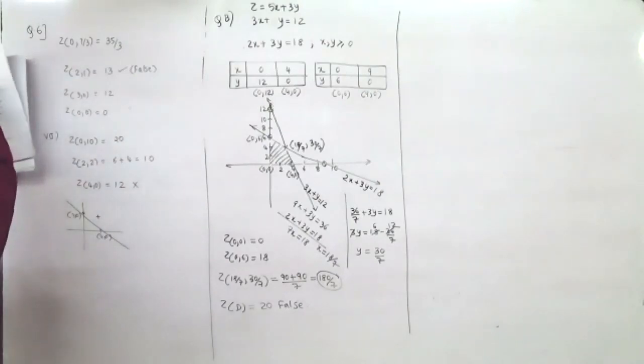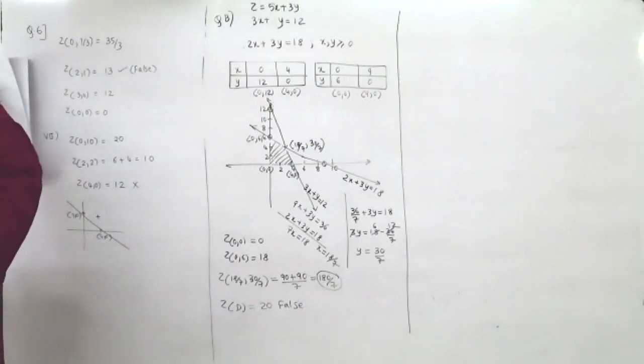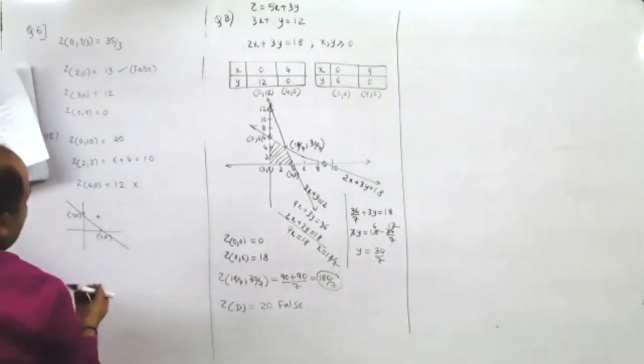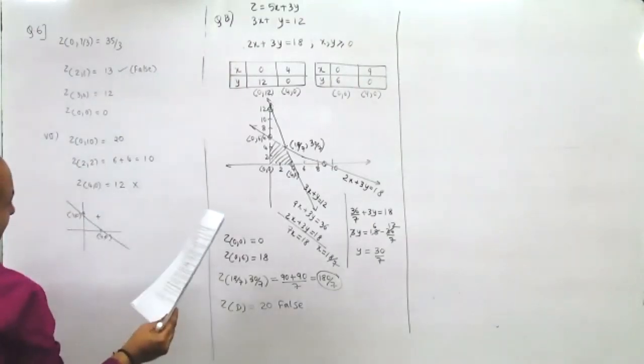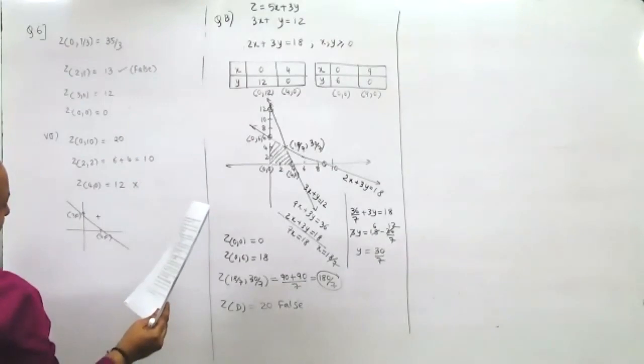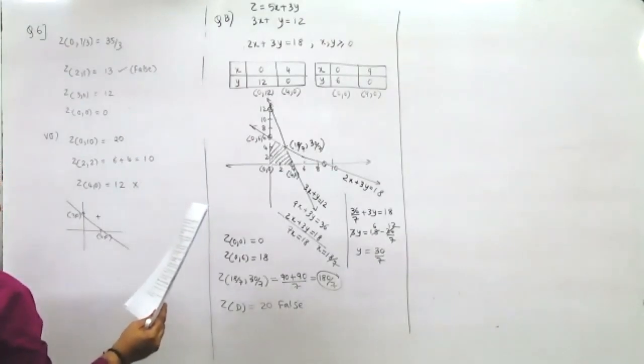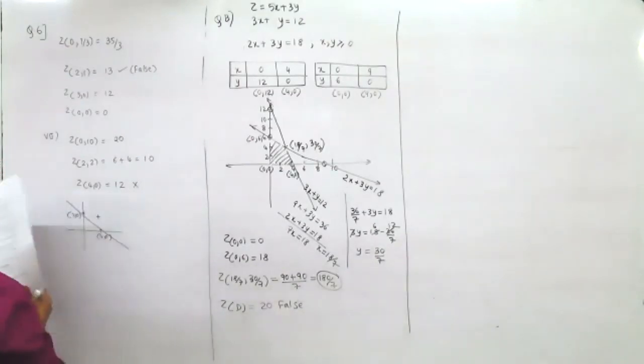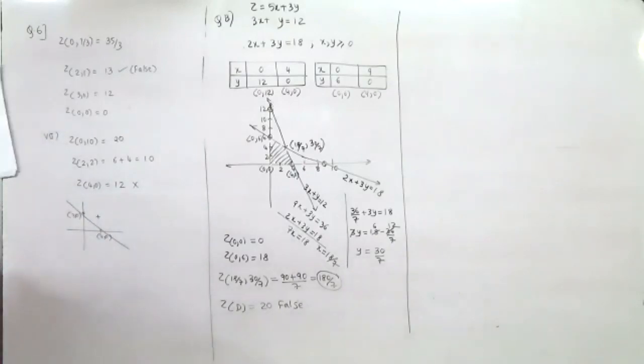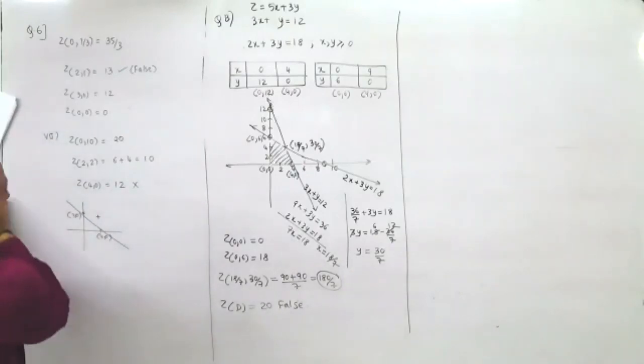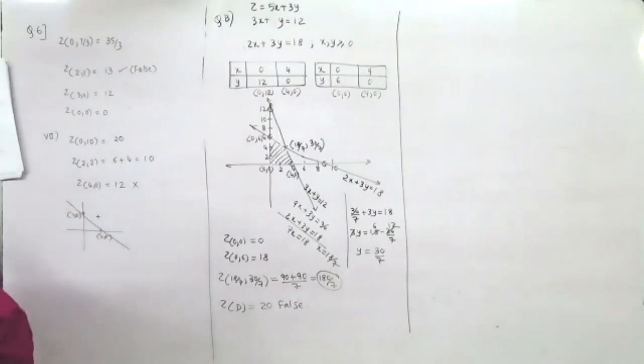Corner point method is the most suitable method for solving LPP graphically. No, corner point method, is that the graph method? That is called the simplex method. What is corner point method? Is it this corner point method?